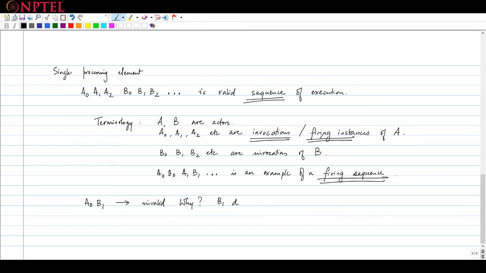B1 depends on A1. It cannot execute before A1. I actually need to be a bit more precise over here. I should say A0, B1, A1 is invalid, because otherwise I have not really specified when A1 executes at all.